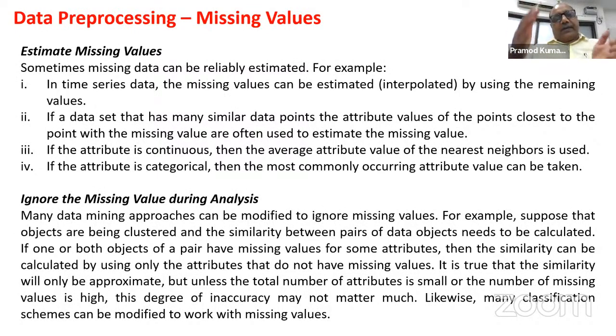If the ranges are completely different, then it may create more problems. So this last one says that it is also possible that we can ignore the missing values in some cases.